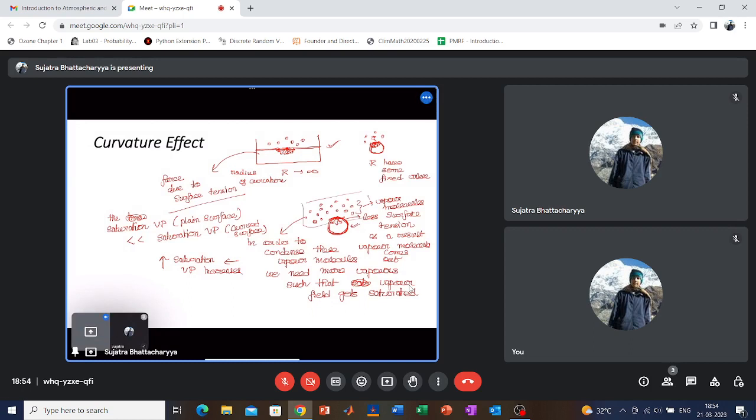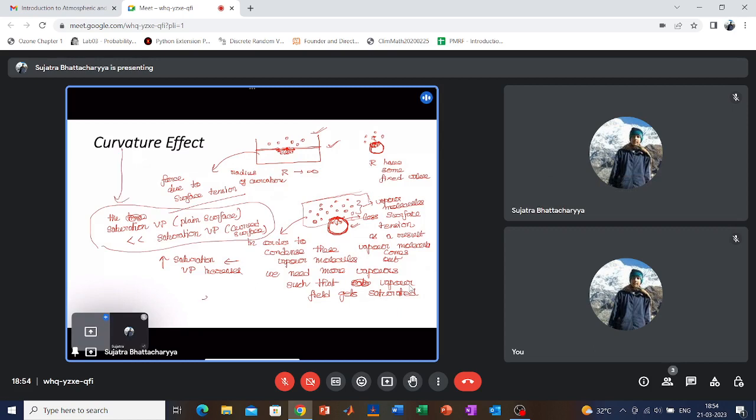That means there are too many vapor molecules. The equilibrium vapor pressure or saturation vapor pressure will of course be very high because there are so many vapor molecules present, but that is not the case here. In case of plane surface, that is not the case. With a very small amount of vapor molecules, after some time the condensation process may start, and therefore we can deduce this, and this is nothing but the curvature effect.